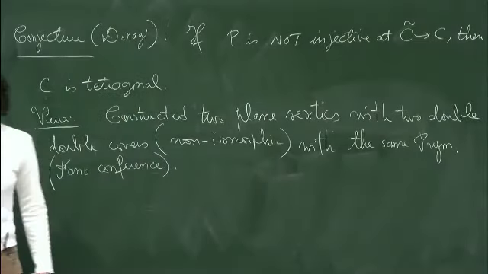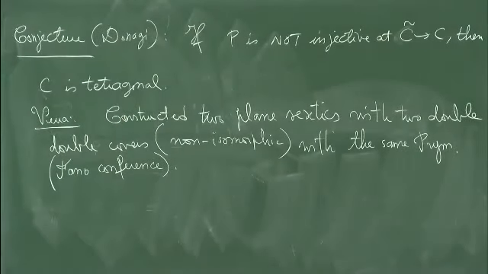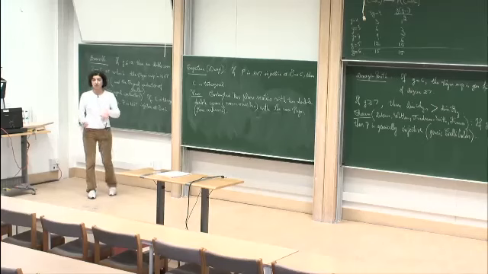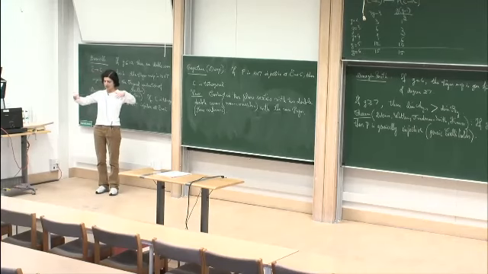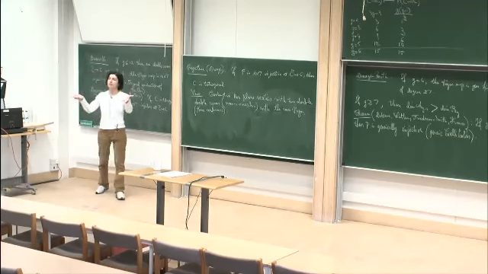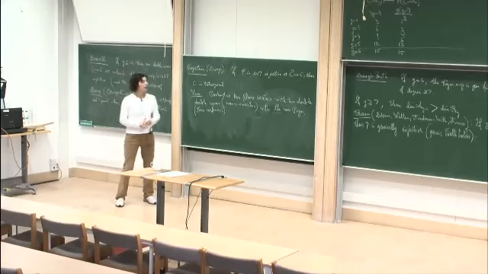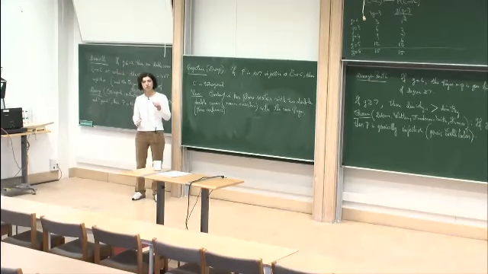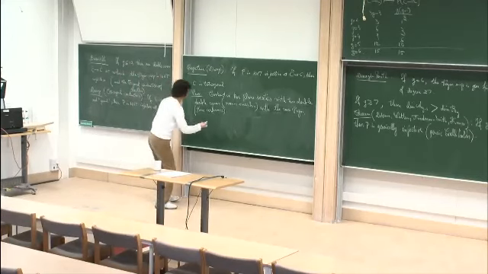The construction uses conic bundles over P2. So he had a threefold with a conic bundle structure in two different ways. Basically, I think it was a (2,2) divisor in P2 cross P2.